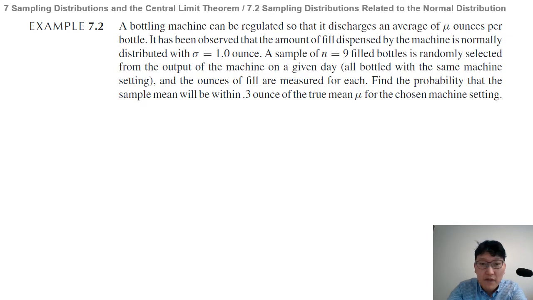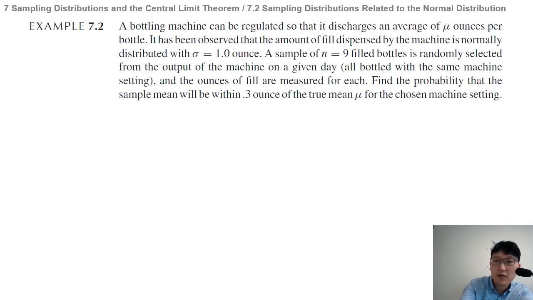A sample of n equals 9 filled bottles is randomly selected from the output of the machine on a given day, all bottled with the same machine setting, and the ounces of fill are measured for each. Find the probability that the sample mean will be within 0.3 ounce of the true mean mu for the chosen machine setting.